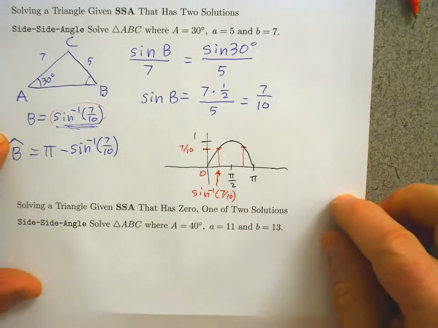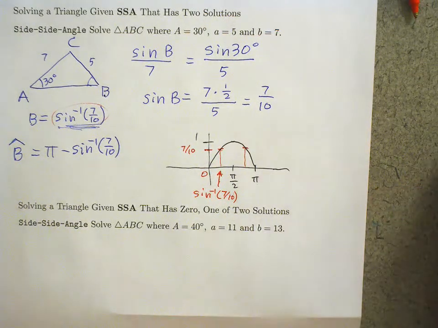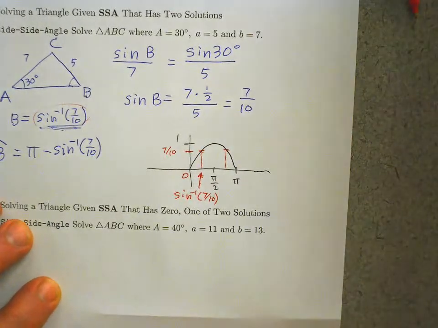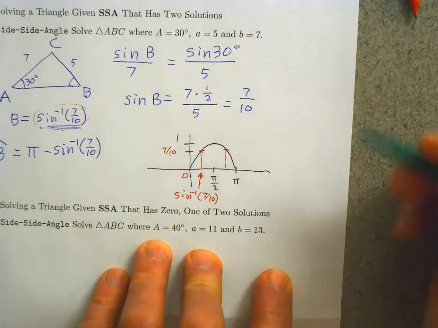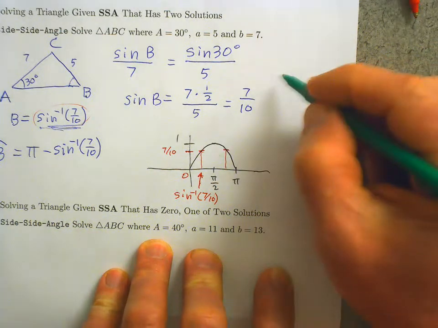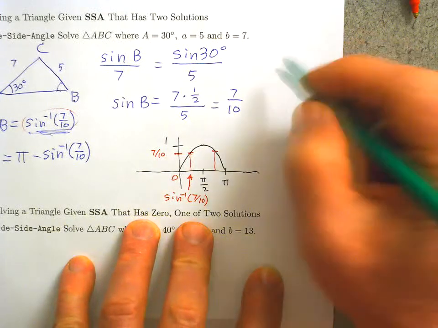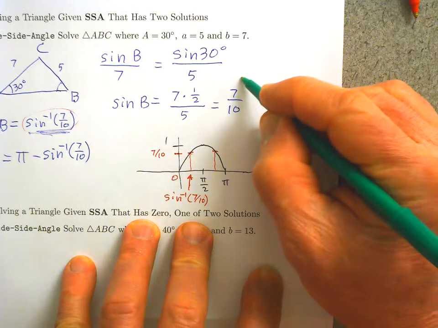So once you recognize it has two solutions, you just find all of the parts for each of the two triangles. But I'll try to draw a triangle just to illustrate what's going on here.